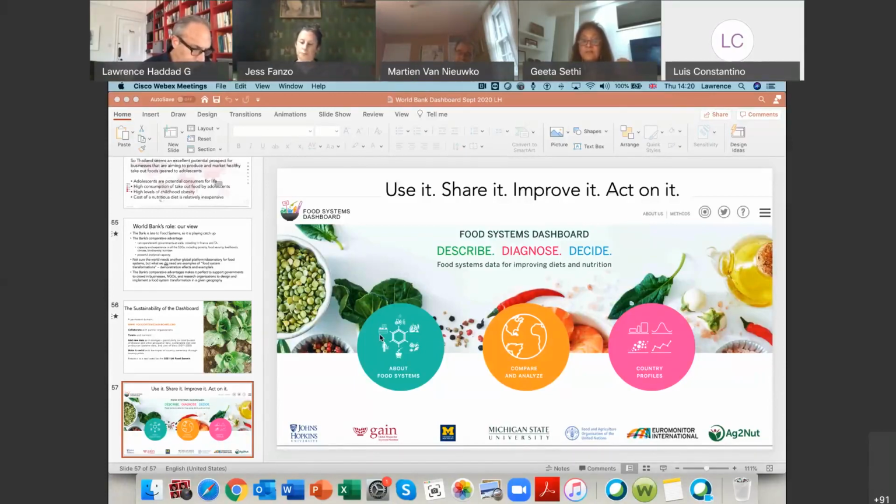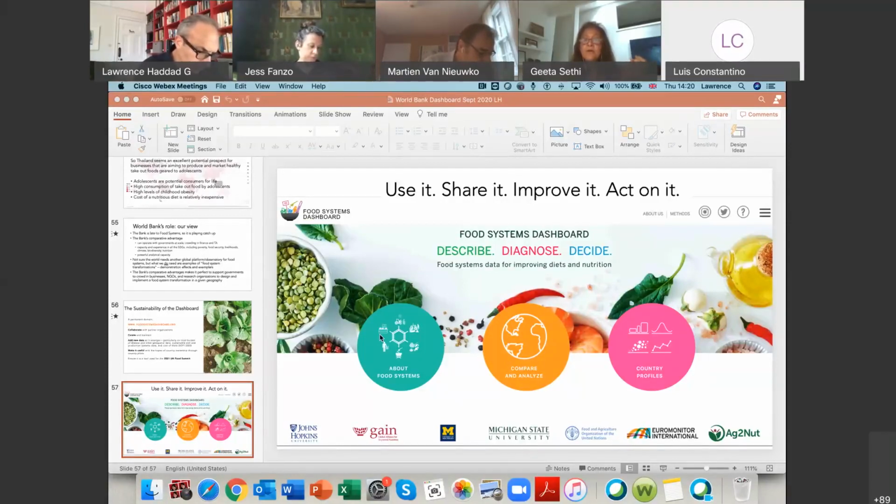Another very important policy conversation in which Lawrence has played a very important role is the affordability story. There is a huge amount of work and thinking now in terms of the personal cost of having healthy diets, which means there are going to be implications for us and many others in calculating poverty lines.